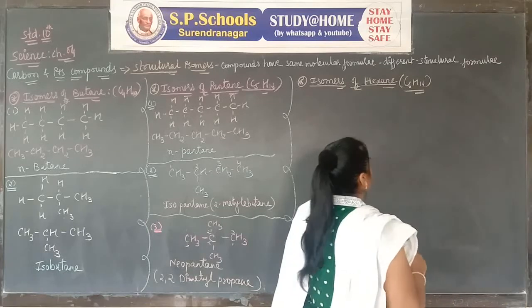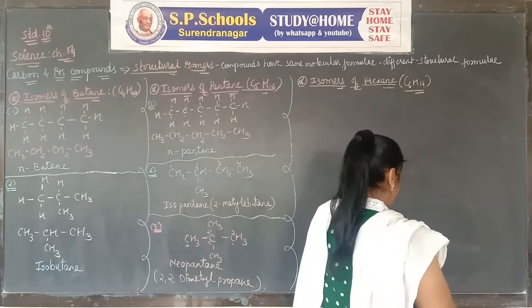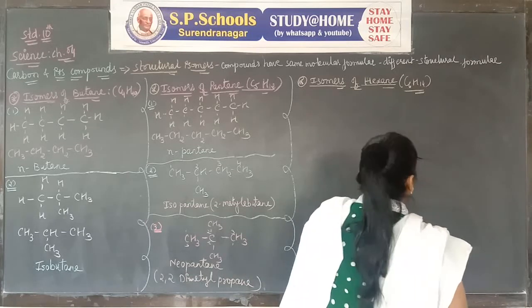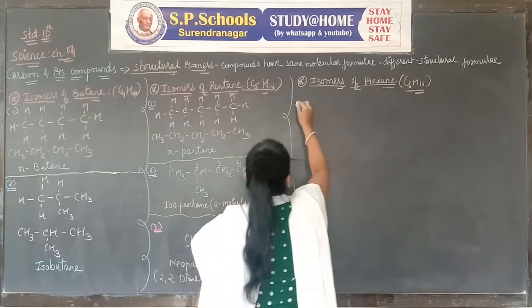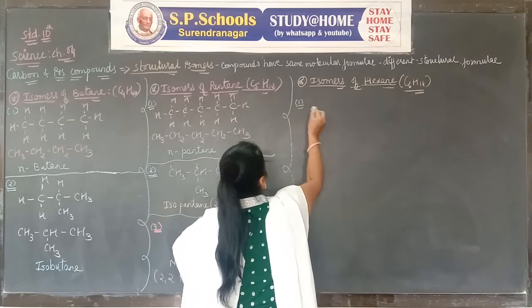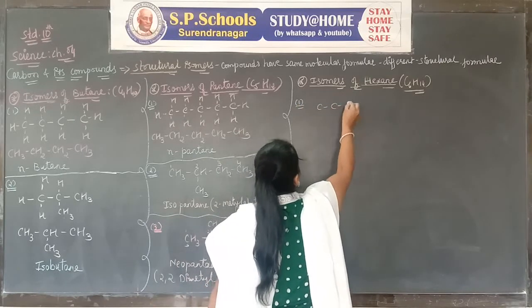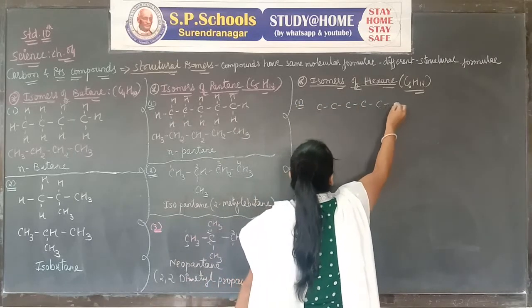So we write the isomers for hexane. First we write simple normal hexane. In case of the first, 1, 2, 3, 4, 5, 6.